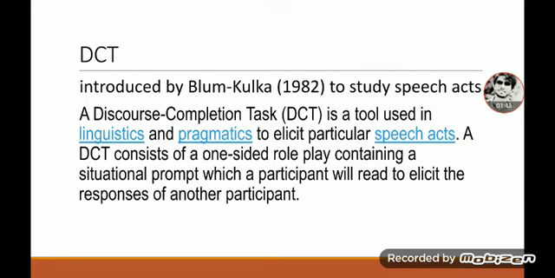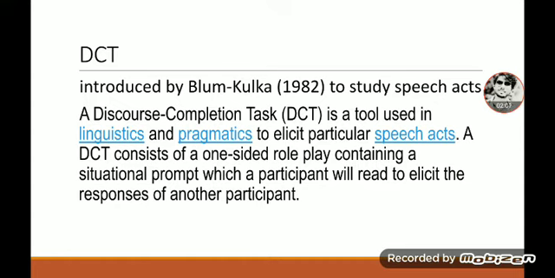They give the target language learners a specific situation, and the learners are observed on how they tackle that specific situation in order to make their communication complete.